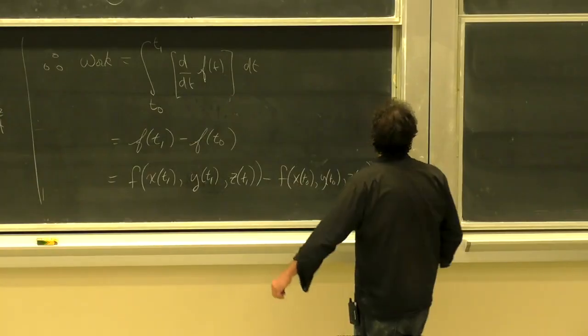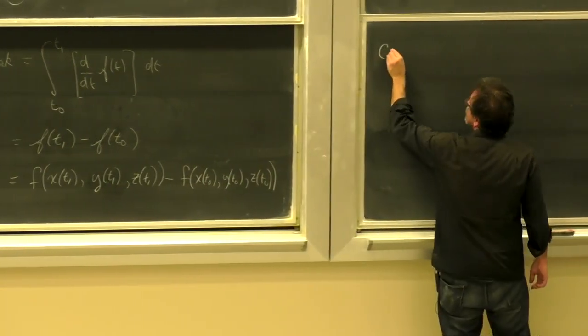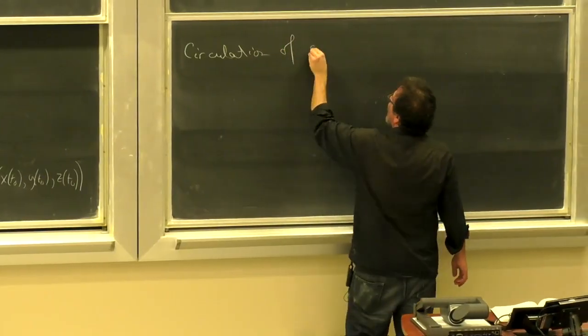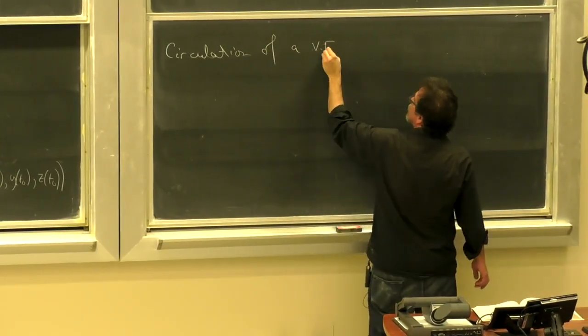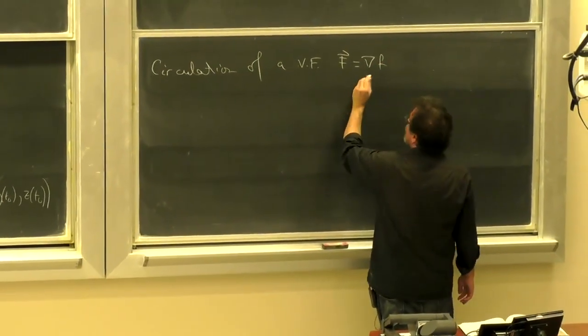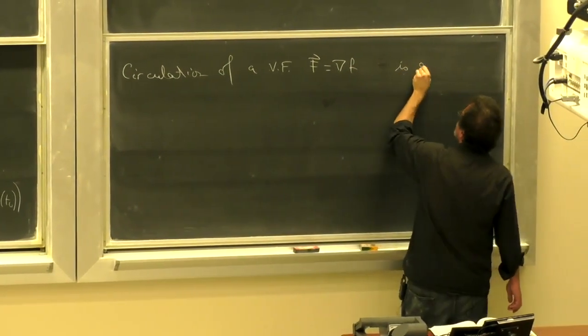Okay? So the circulation of a vector field F, which is the gradient of f, is equal to 0.